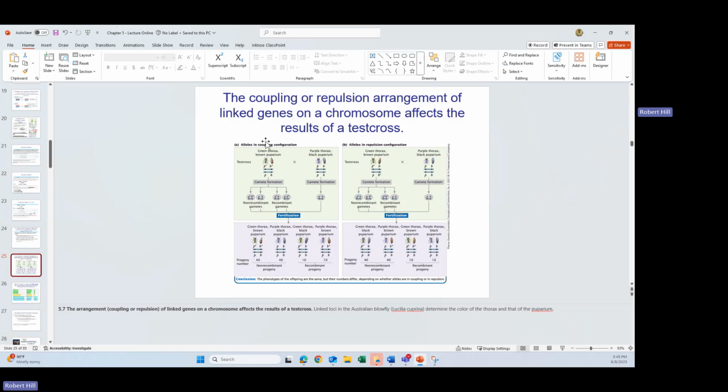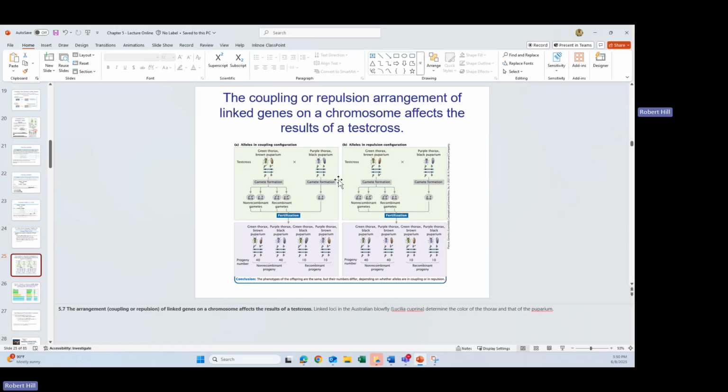All right, we're doing test crosses here. This is a test cross for the cis. This is a test cross for the trans. So in a cis, the wild type alleles are on the same chromosome. The mutant alleles are on the same chromosome. Trans, wild type and a mutant are on the same chromosome. We're going to test cross these, which means that we're going to cross it with a homozygous recessive.